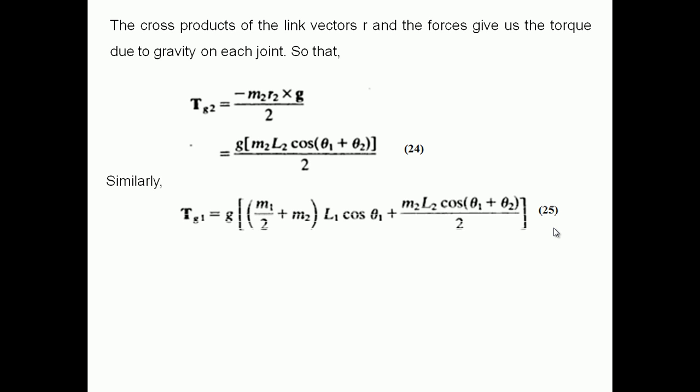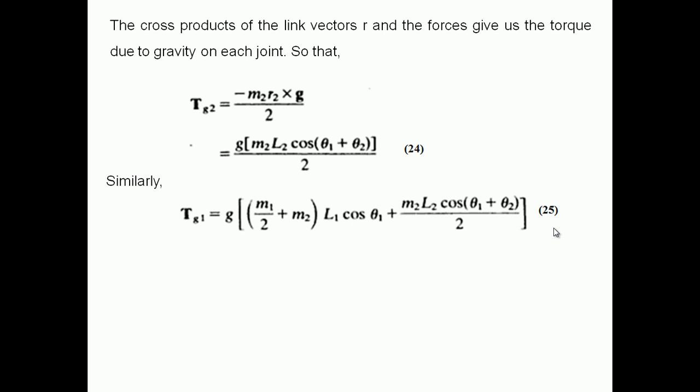Similarly Tg1. So you know why I am considering half of the mass for m1 and the full mass of m2. When I am considering the torque at joint 2, I am considering half of the mass of link 2.